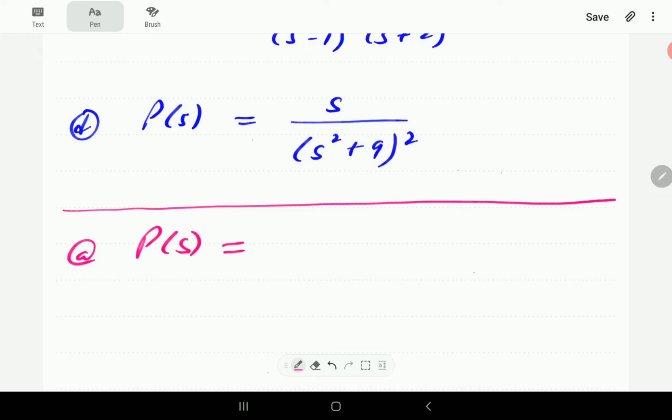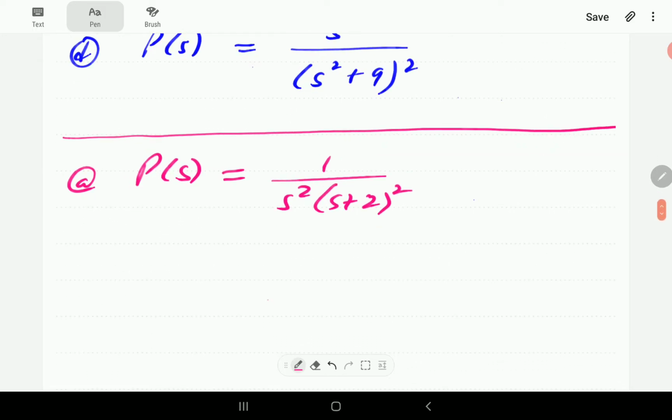So we shall refer to it at intervals. So in this case, we've got 1 over s squared times (s plus 2) all squared.